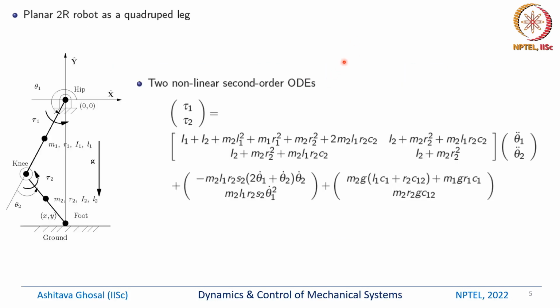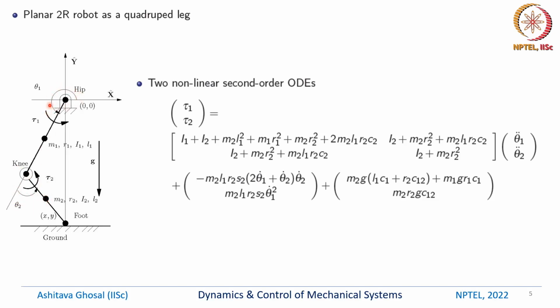Each leg of this quadruped can be modeled reasonably well as a planar 2R robot. 2R here stands for two rotary joints. There is one rotary joint here, there is another rotary joint here. This is actually the hip of the robot. This is the knee of the robot. The rotation at the knee is denoted by theta 2.